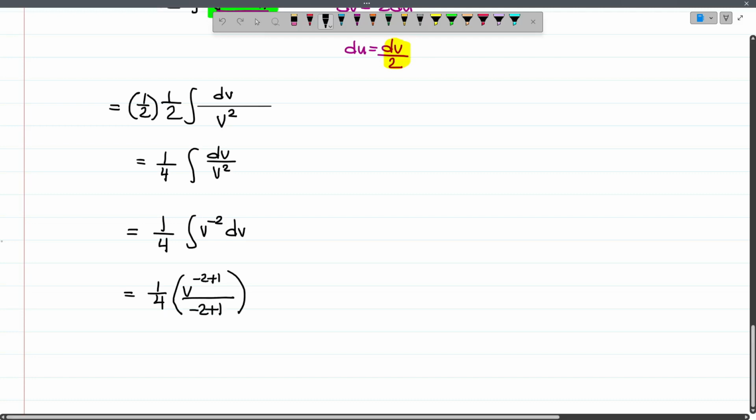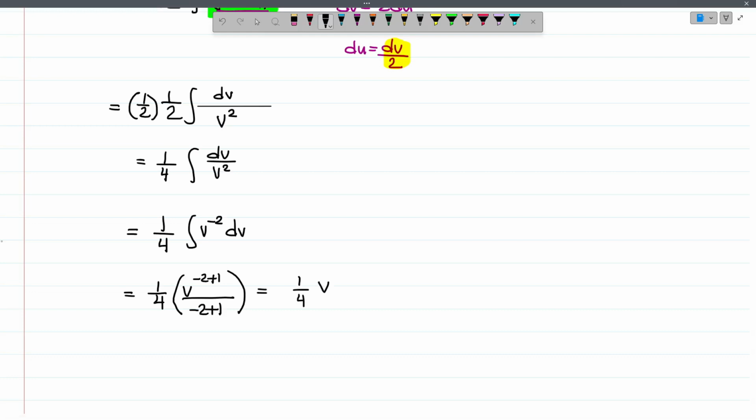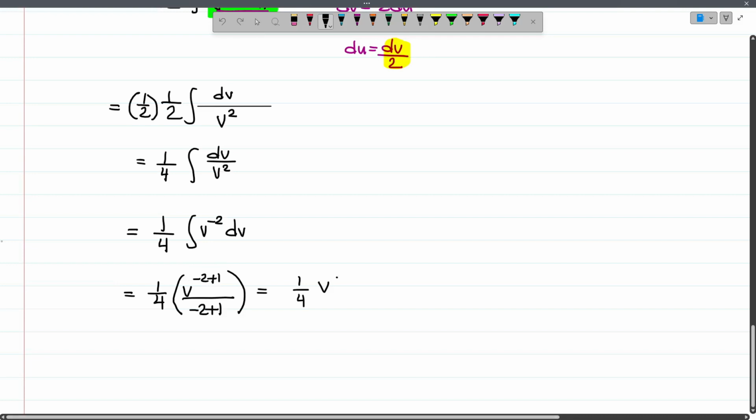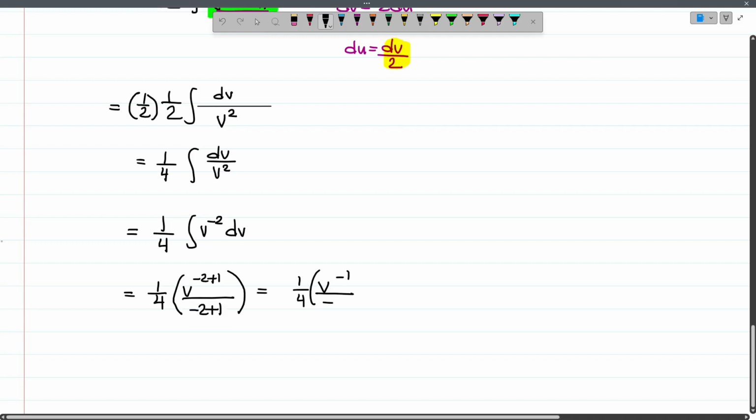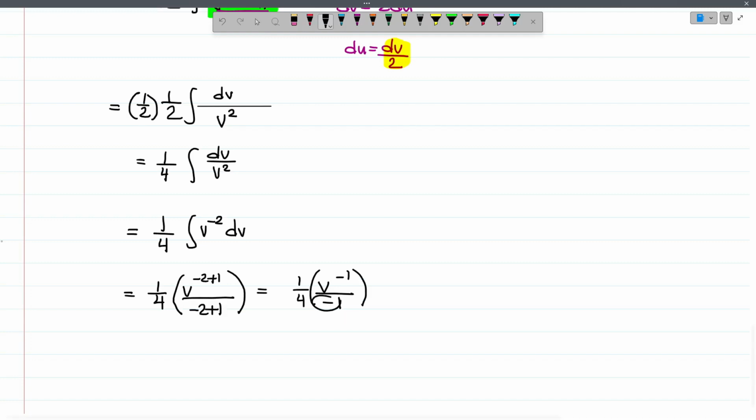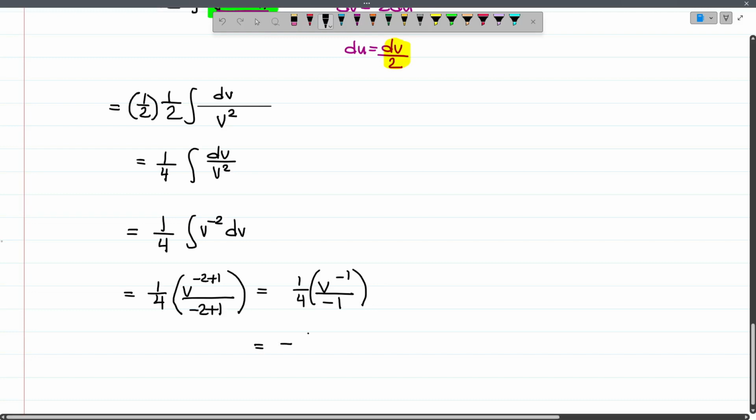And so this will give us 1/4 times v, and then -2 plus 1 will give us -1. So this is -1. And then divided by -2 plus 1, that will also give us -1. So this is -1. And so I can just actually move negative outside. And so this will become minus 1/4 times v to the -1.